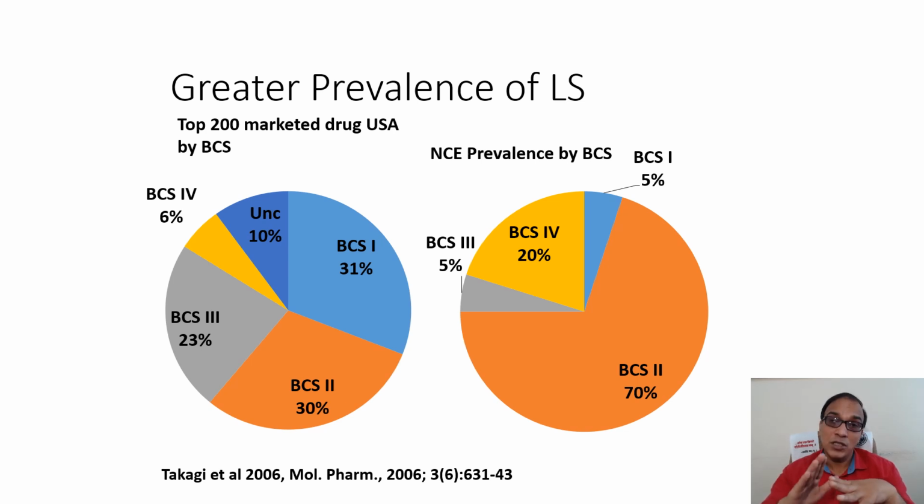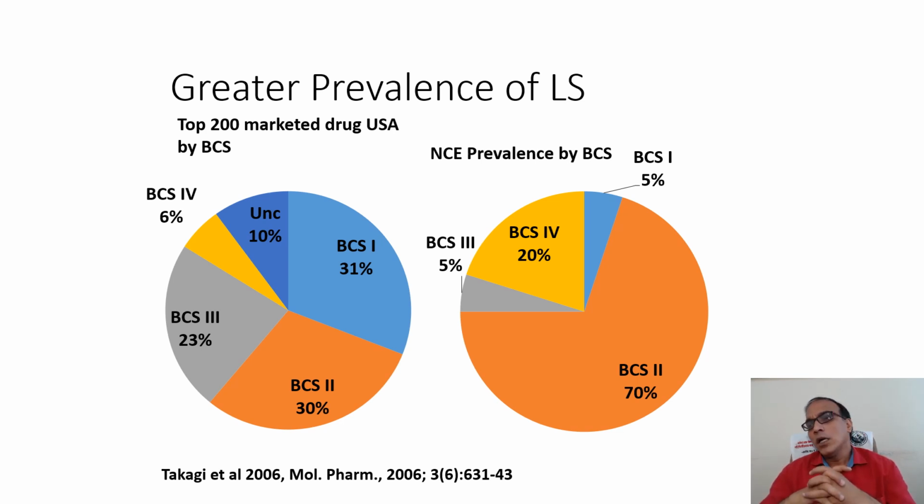That means 70% of the new drugs coming are actually under BCS class 2, while BCS class 4 drugs are 20%. Only 5% are class 1 drugs.